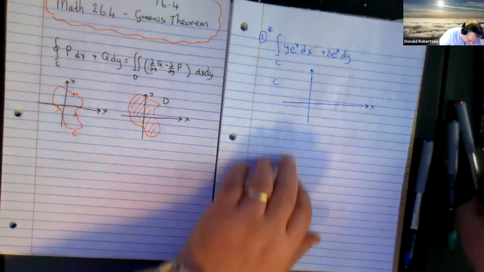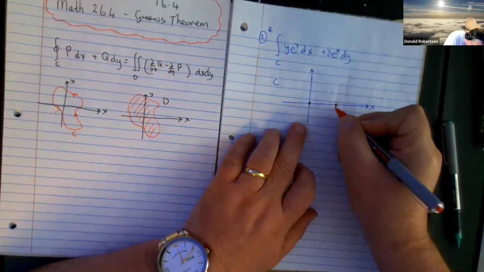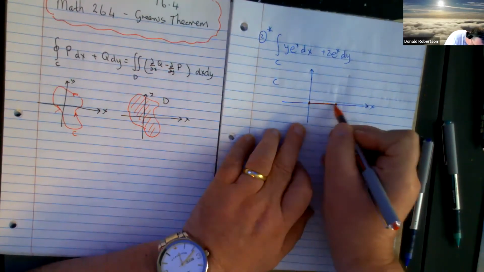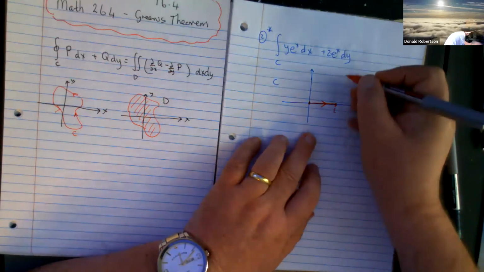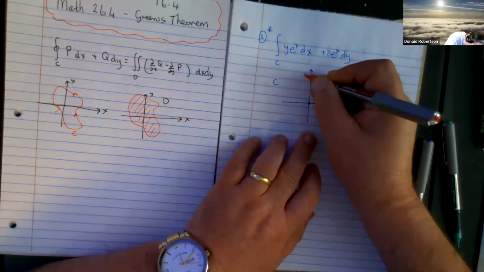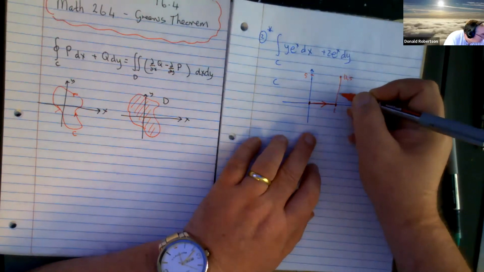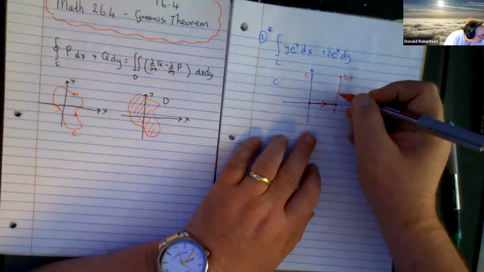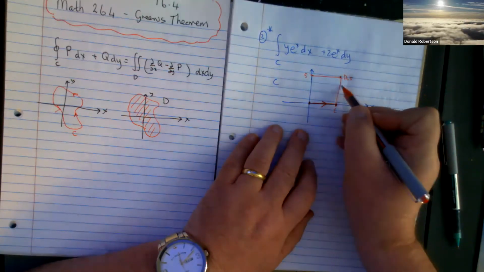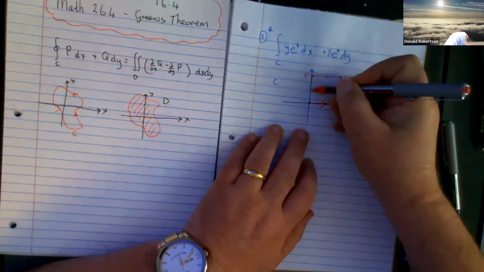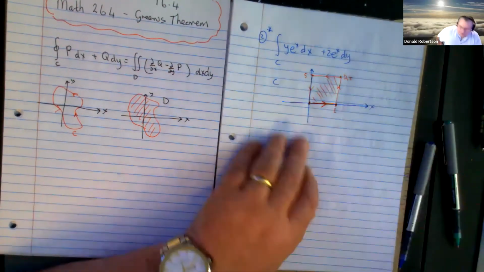So we're going to go from the origin to 2, 0, and then from 2, 0 to 2, 5, and 2, 5 to 0, 5, and then back home. Oh, it's just a big box, isn't it?